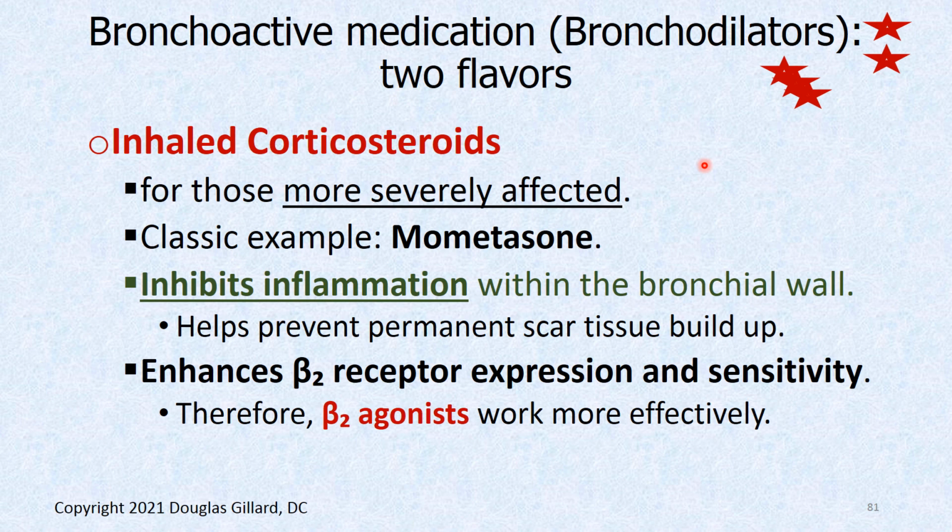If it's bad enough, and I took these slides out, the rule is if you have to use the beta-2 agonists more than twice a week, then you should add in inhaled corticosteroids as well. That's kind of the rule of thumb. So you could be on both of these drugs.